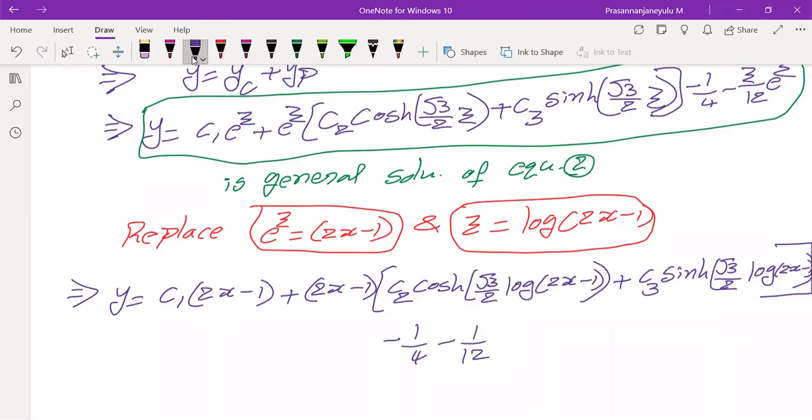Z is log of 2x minus 1, and e power z is 2x minus 1, so we can write it as 2x minus 1 into log of 2x minus 1.